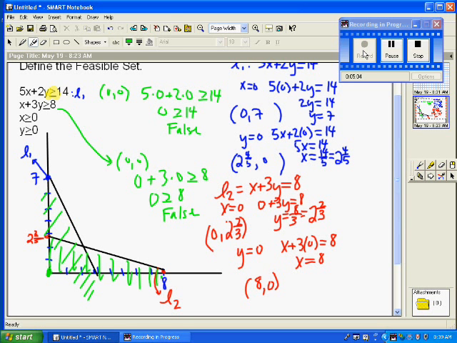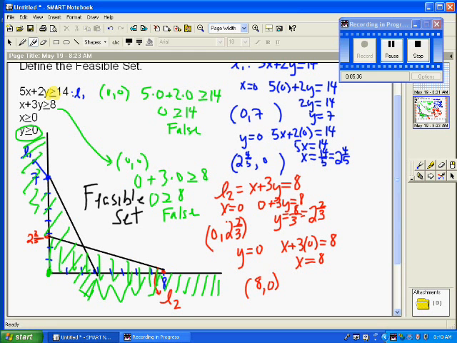Remember that when x is greater than 0, we're talking about areas that are to the right of the y-axis. y is greater than 0 are points that are above the horizontal line. So I'm going to cross off parts that are below, and I'm going to cross off parts to the left, which leaves me with a feasible set in here.